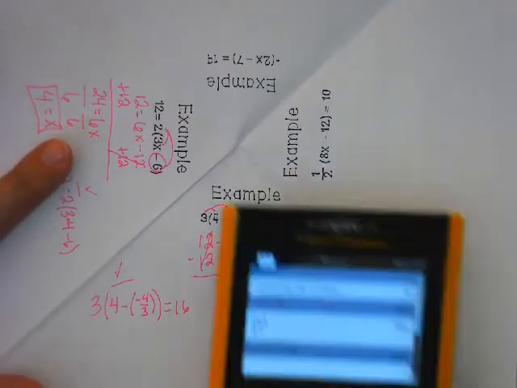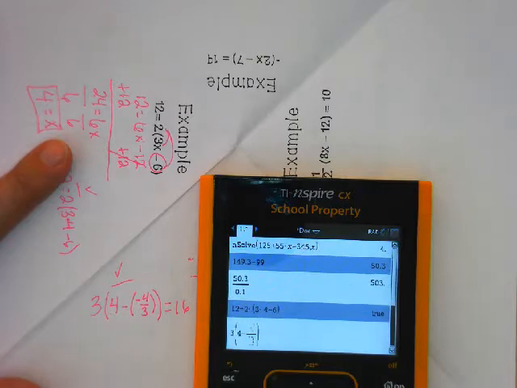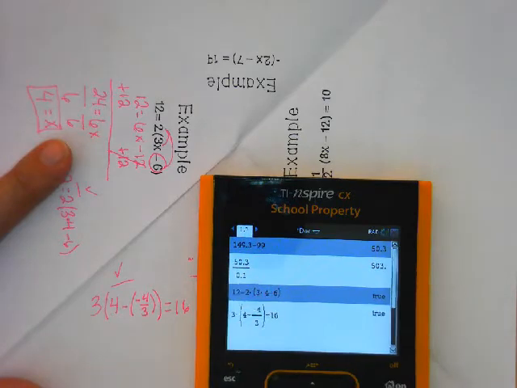So when I look at my calculator, 3 parentheses 4 minus, and then control divide gives me that fraction. I'm going to say negative 4 over 3, close parentheses, equals 16, and it's true.